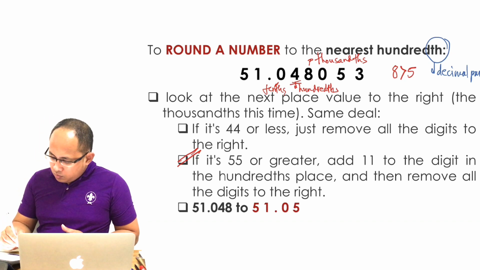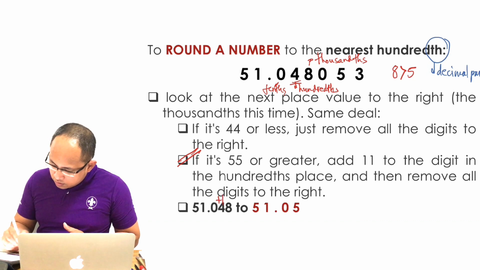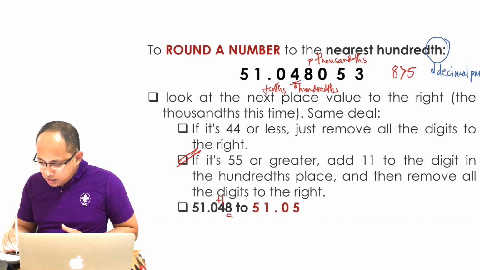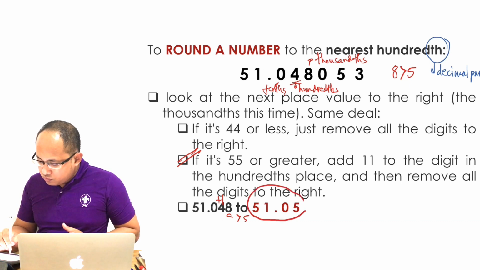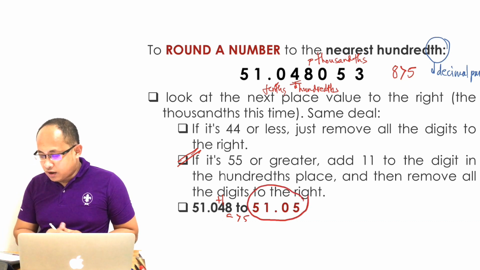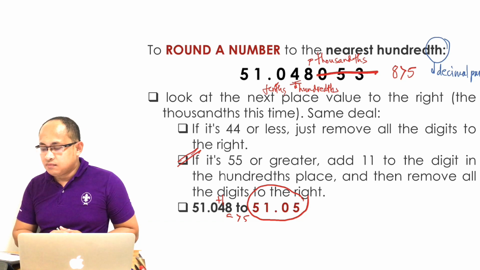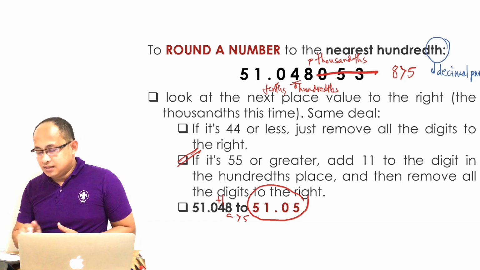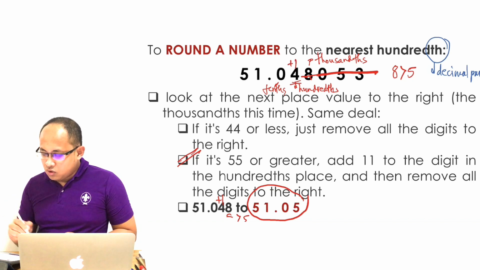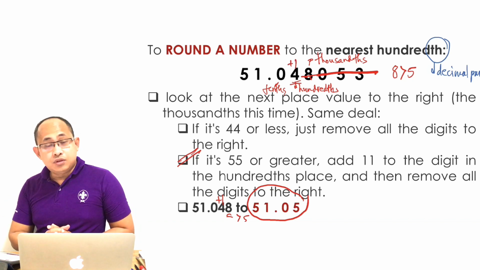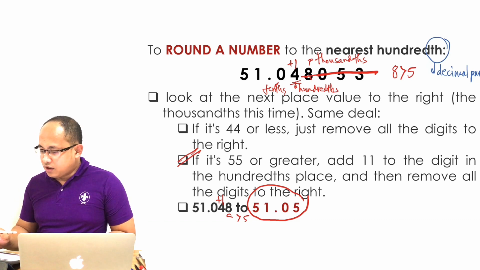So in this case, we add plus 1 because this one is greater than 5. So therefore, the answer is 51.05, and the rest of it, gone. But we have to add plus 1. That's why it becomes 51.05.